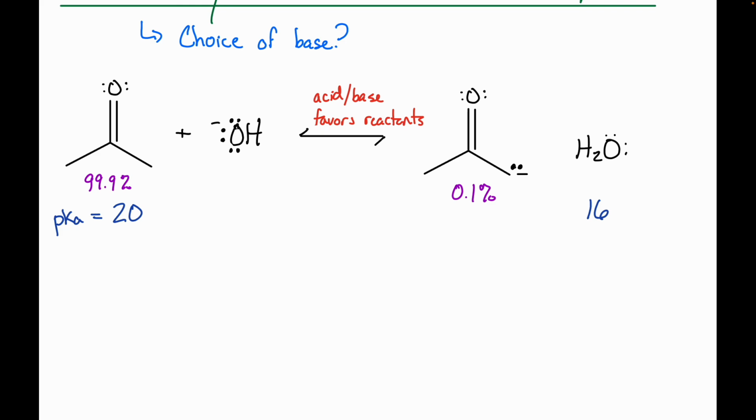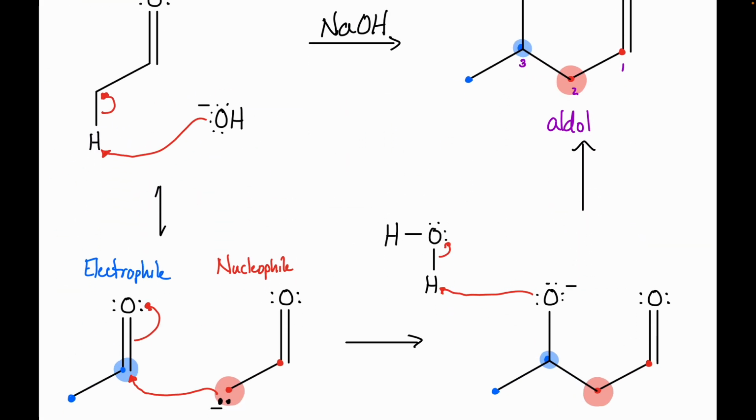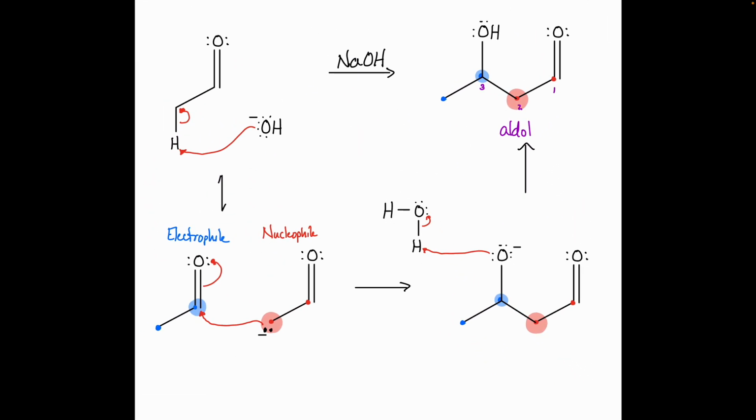No, 0.1% of your product would not be considered very efficient. All right, now, does that matter when we're doing something like an aldol condensation or aldol addition reaction? No, because we don't really need this equilibrium here to strongly favor these enolate ions. I don't need a full beaker full of enolate ions. If only a small fraction is converted to nucleophile, that will react with the other ones and then get stuck over here on the product side.